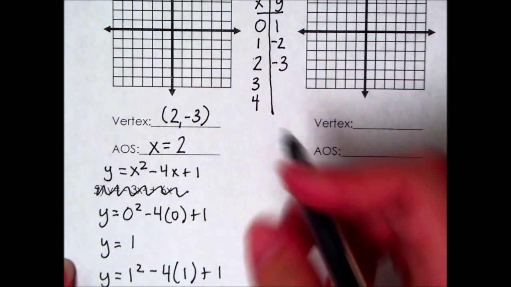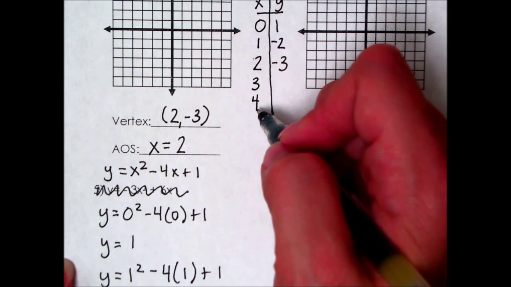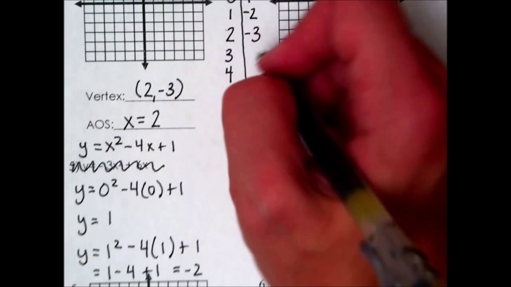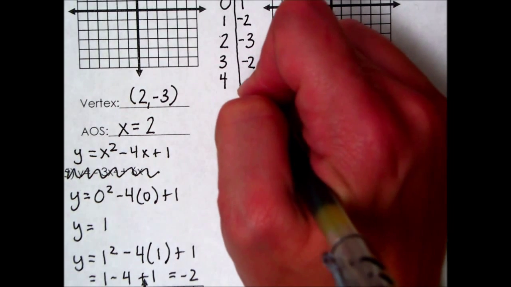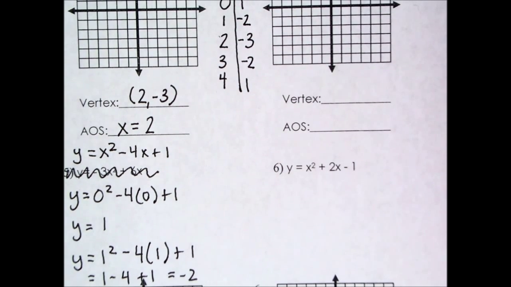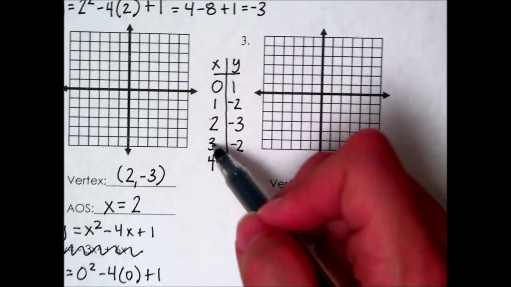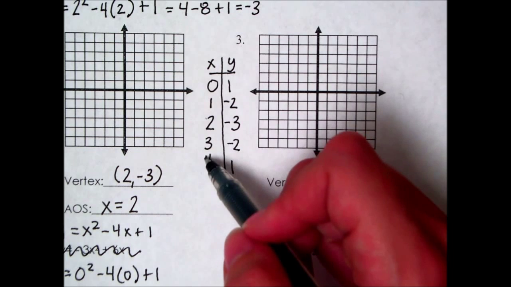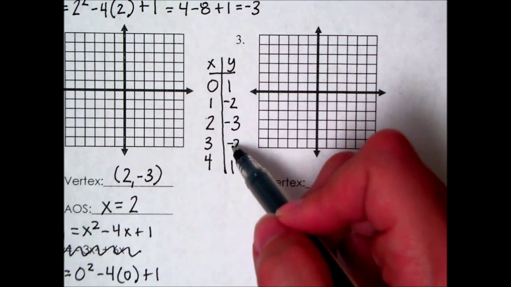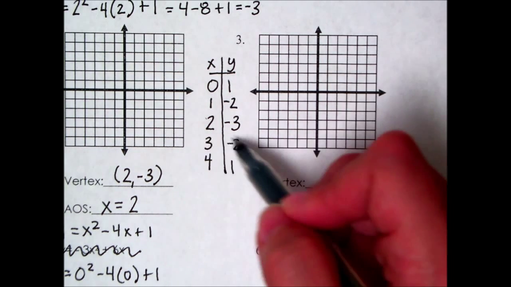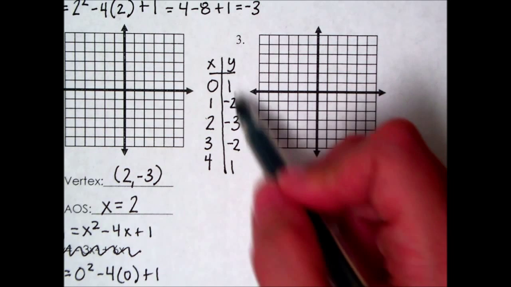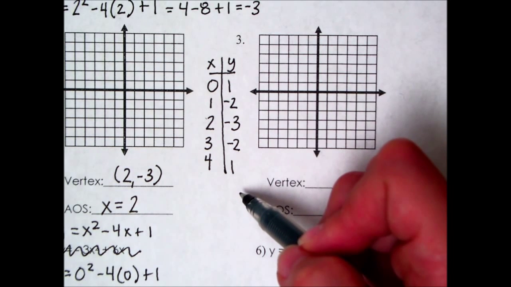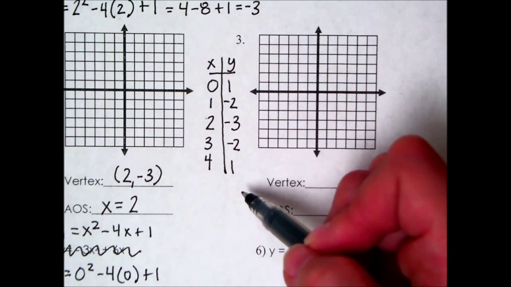And when I plug in both 3 and 4, doing the same method, I'm going to get the following numbers. You can check it by plugging them into a calculator. The reason I wanted to make sure that the numbers were equidistant from the vertex, like the 0 and the 4, is so that these numbers would match. And if I do this in the calculator and I find that these numbers don't match, then I know I did something wrong and I need to start looking at my work.